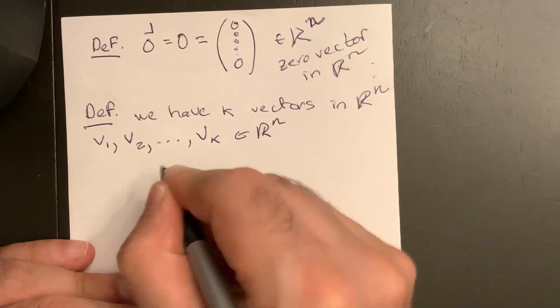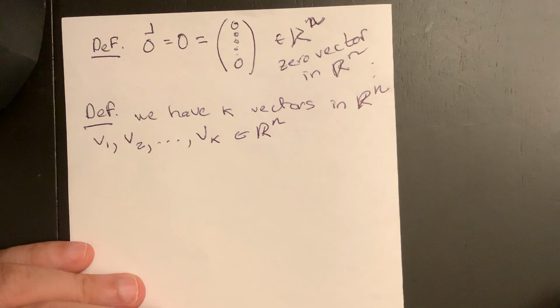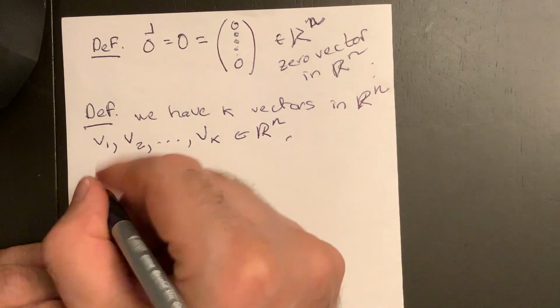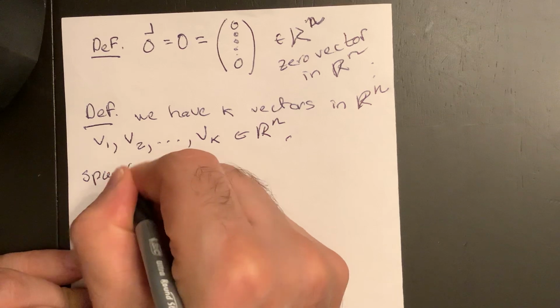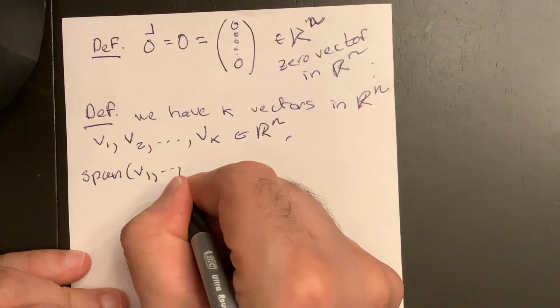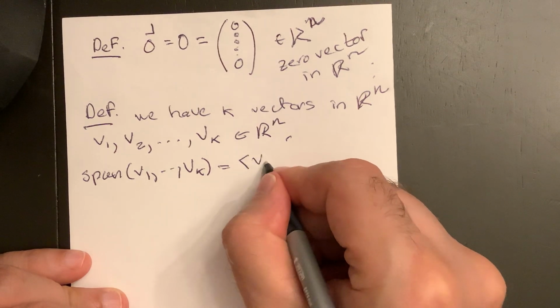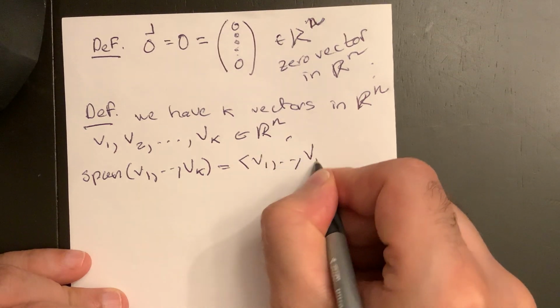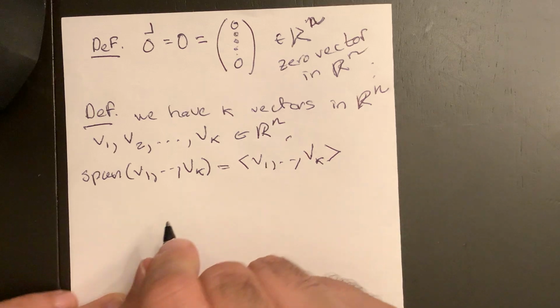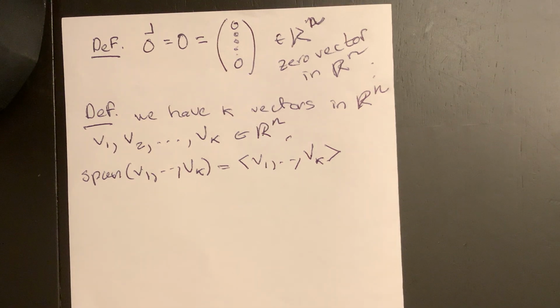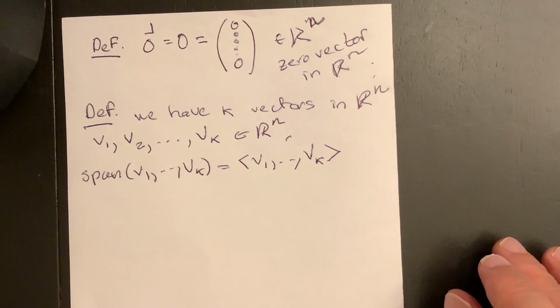They each have n elements in them. Then the span of these vectors, V1 through Vk, which we'll sometimes write like this with these straight brackets, is just equal to all linear combinations of these vectors. So I can use whatever coefficients I want and then add that together.